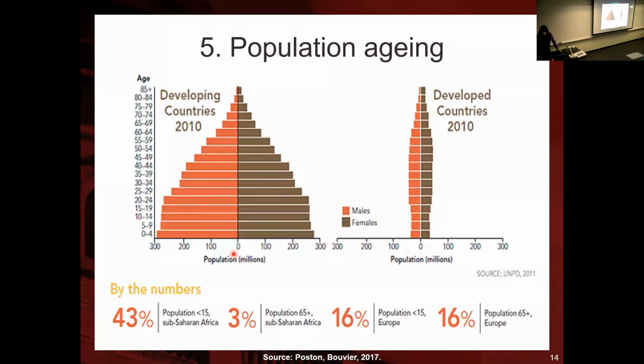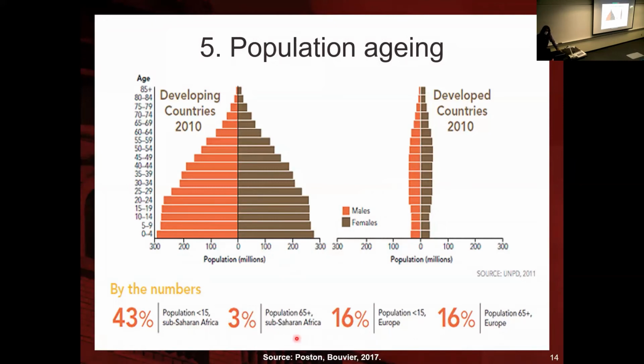Some other statistics here: 43% of the population less than 15 years of age lives in sub-Saharan Africa, and only 16% of the population less than 15 years of age lives in Europe. So there are many more young people living in developing countries than in developed countries, in this case focusing on sub-Saharan Africa and Europe.